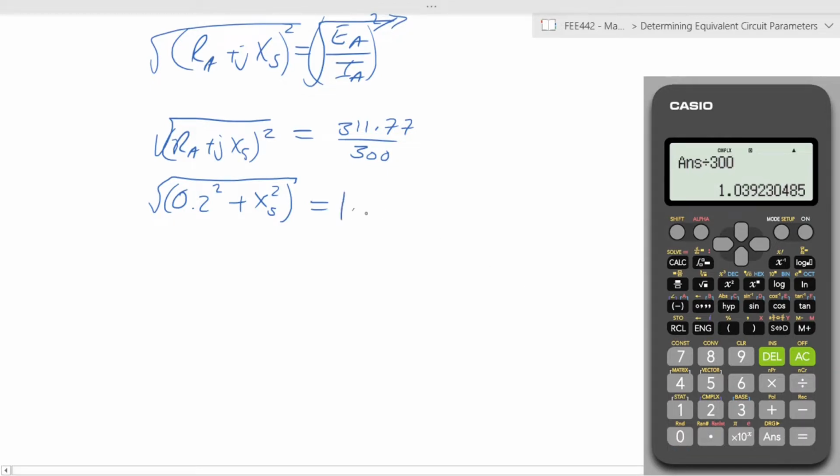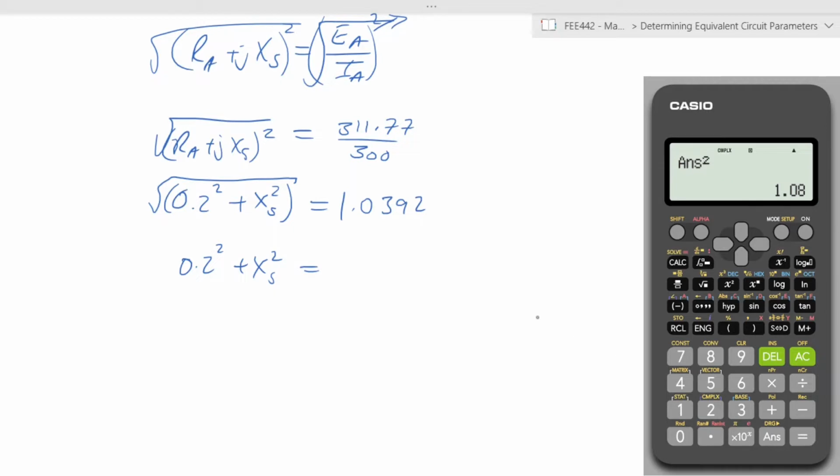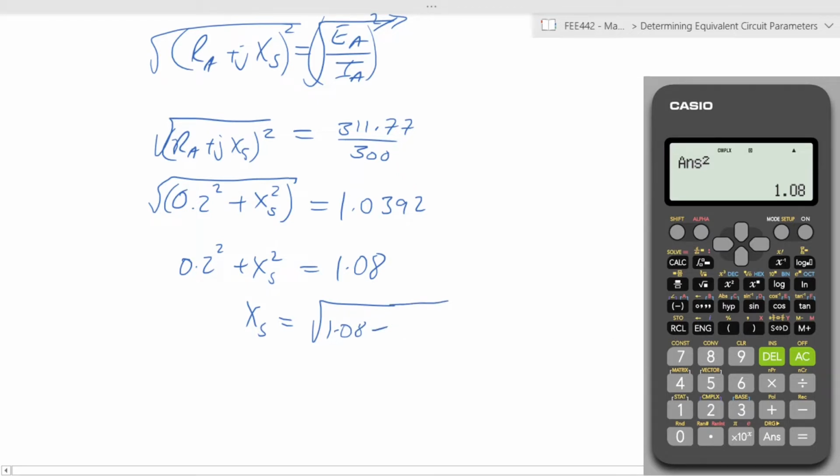So it is 1.0392. Okay. Let's square both sides so that you have 0.2 squared plus XS squared is equal to 1.0392 squared, which is 1.08. So XS is equal to the square root of 1.08 minus 0.2 squared, which is 0.04.